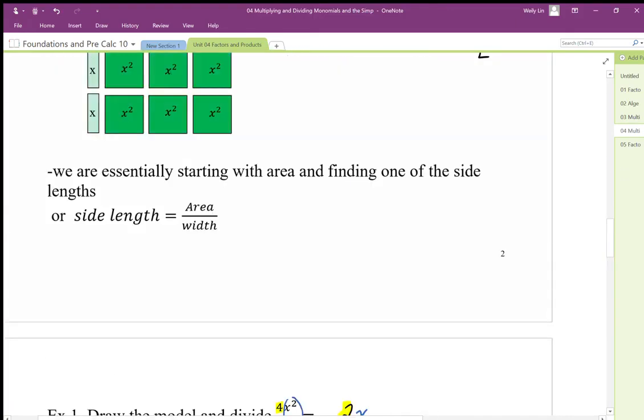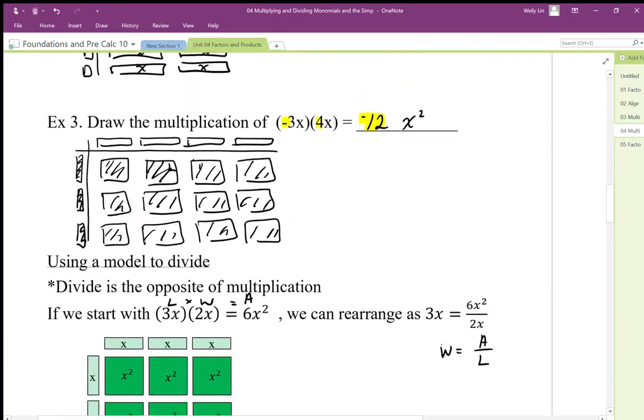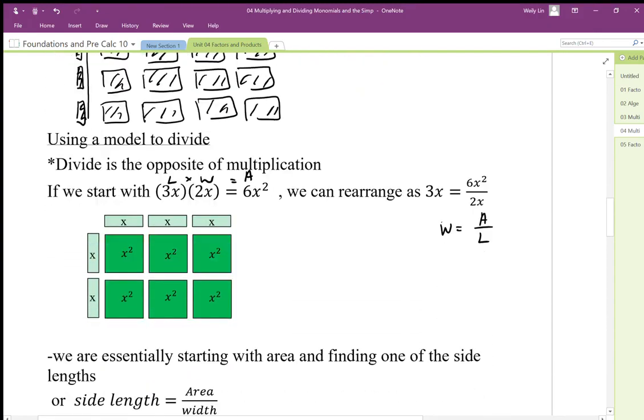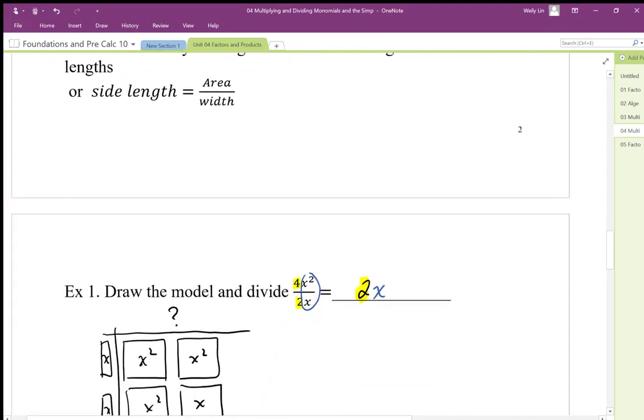If I have the 2 times 4, I can see 8 elements of the x pieces here.